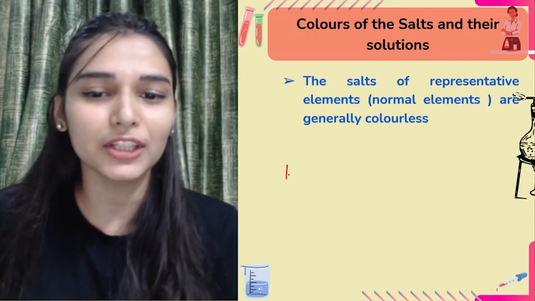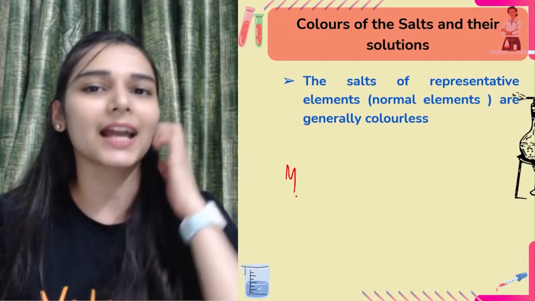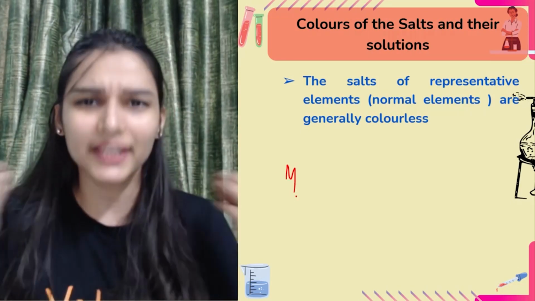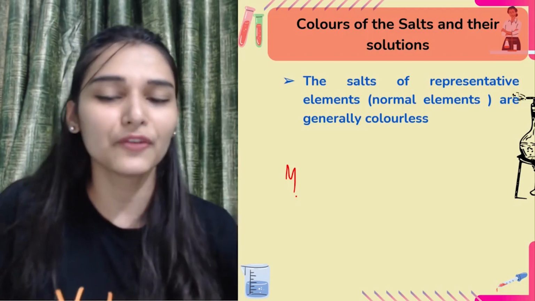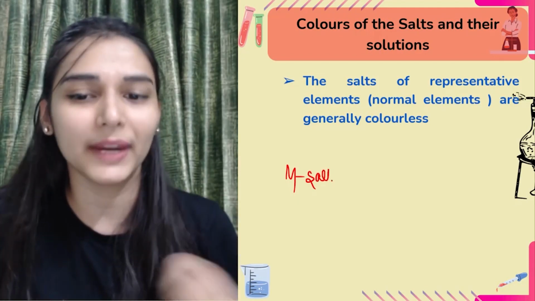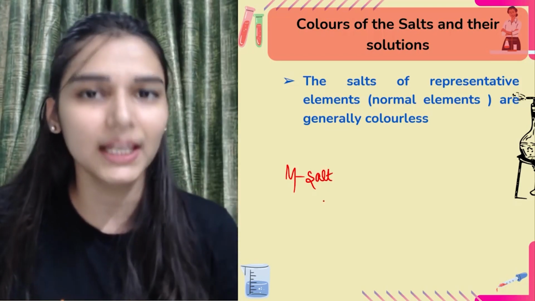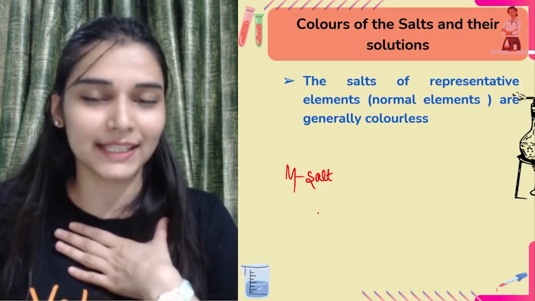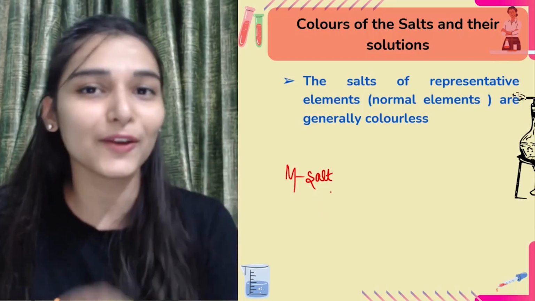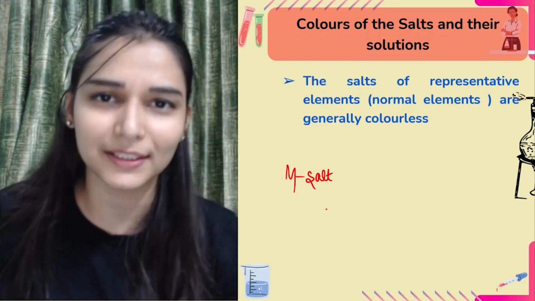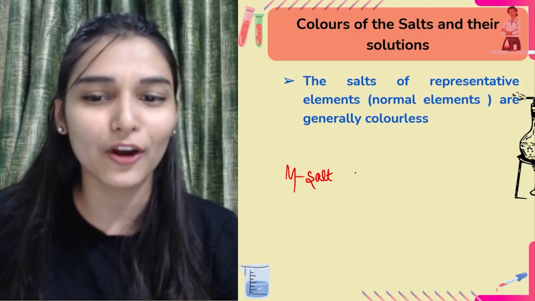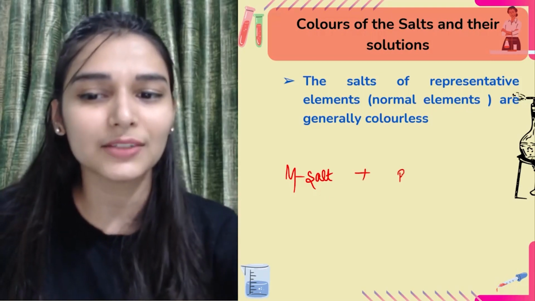Okay, so now what are we going to do in your syllabus? In your syllabus, we don't have to do so much analysis of functional groups, organic compounds. We are only concerned with the metal salt. I will be provided with the salt of a metal, and I have to tell in my exam which metal ion is present in the given metal salt. Which metal ion is it? So you choose to treat it with a base.